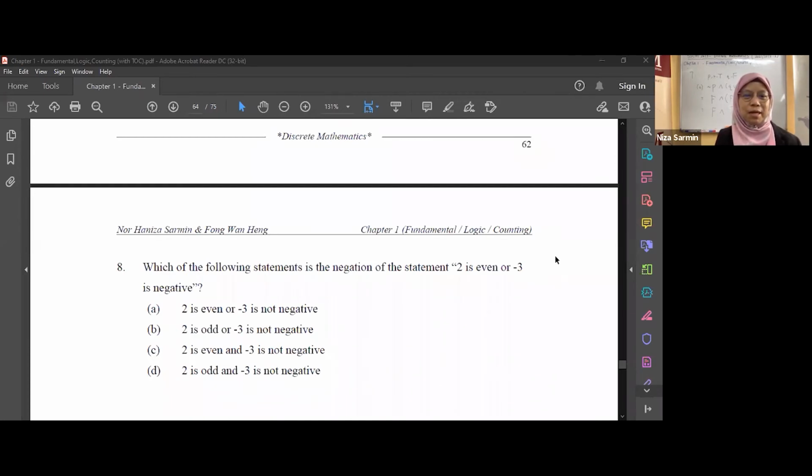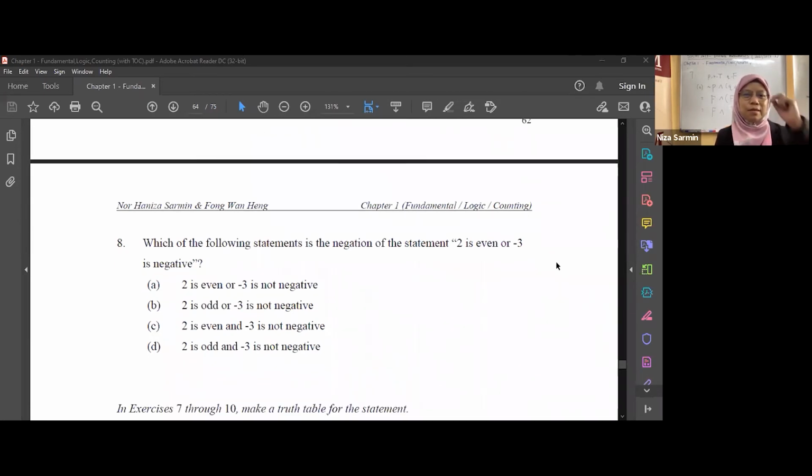Okay, number 8. They want us to find the negation of the statement 2 is even or -3 is negative.